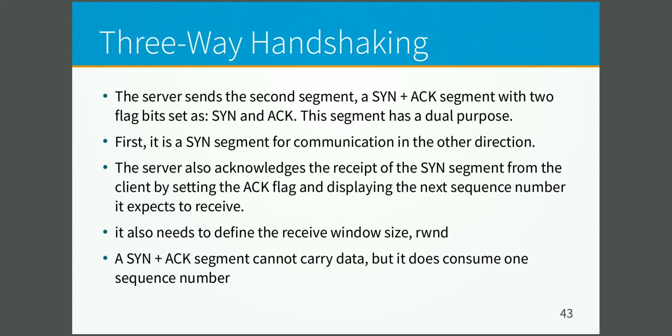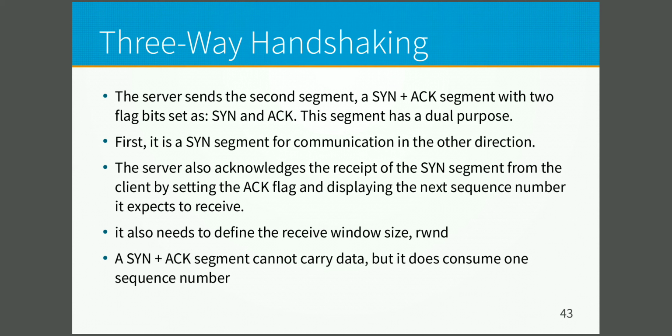Remember, we said TCP offers full duplex communication, communication in both directions. So to achieve this, the server will send a special segment in which two flags will be set: the SYN flag and the acknowledgement flag.